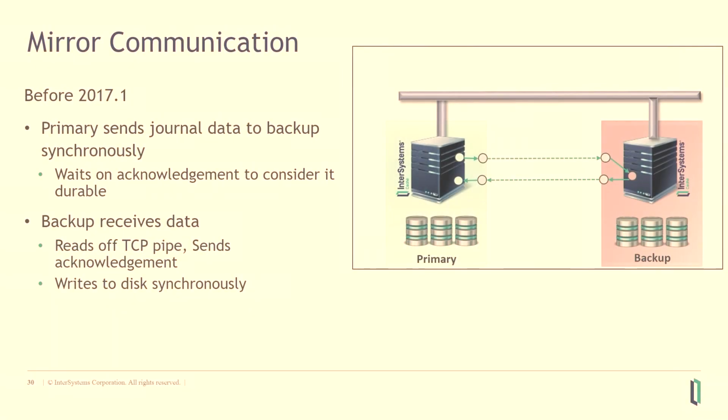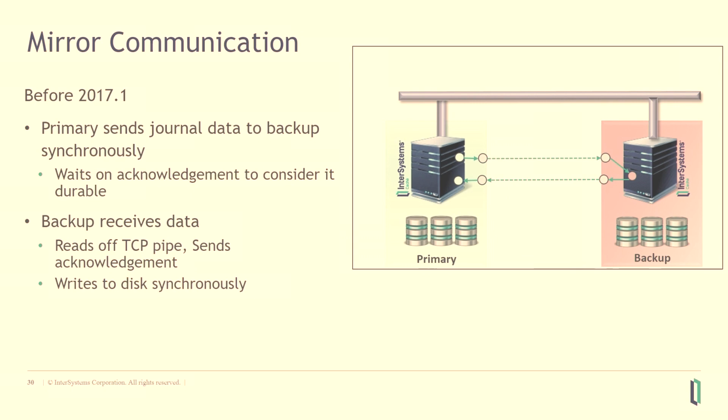So I want to talk a little bit about mirror communication and how it works. Oren alluded to this earlier, but basically the way mirroring works is you've got two processes on the primary, one sending journal data to the backup synchronously, and then another one waiting on the acknowledgement to consider the data durable.